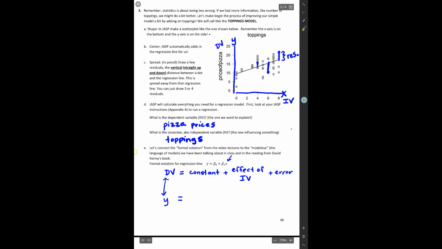But first we have the constant. This b sub 0, which is pronounced b naught, that is our constant. What this really is, the interpretation of this is really the y-intercept.